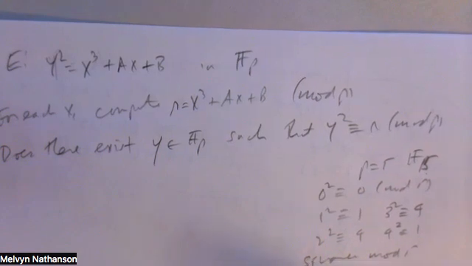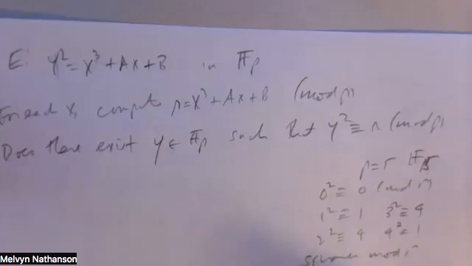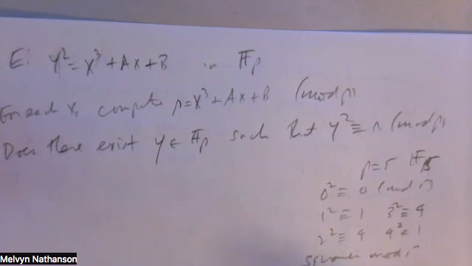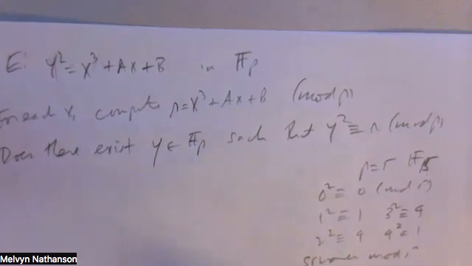So 2 is not a square and 3 is not a square. So y squared congruent to 2 mod 5 and y squared congruent to 3 mod 5 have no solution.